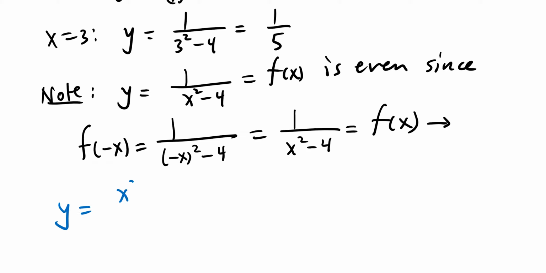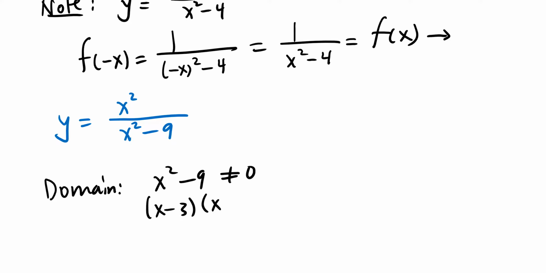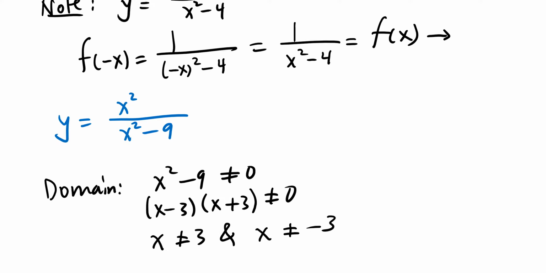Let's look at another example. x squared over x squared minus 9. Of course, you can find the domain first. x squared minus 9 cannot be 0. (x minus 3)(x plus 3) cannot be 0. x cannot be 3, and x cannot be -3.